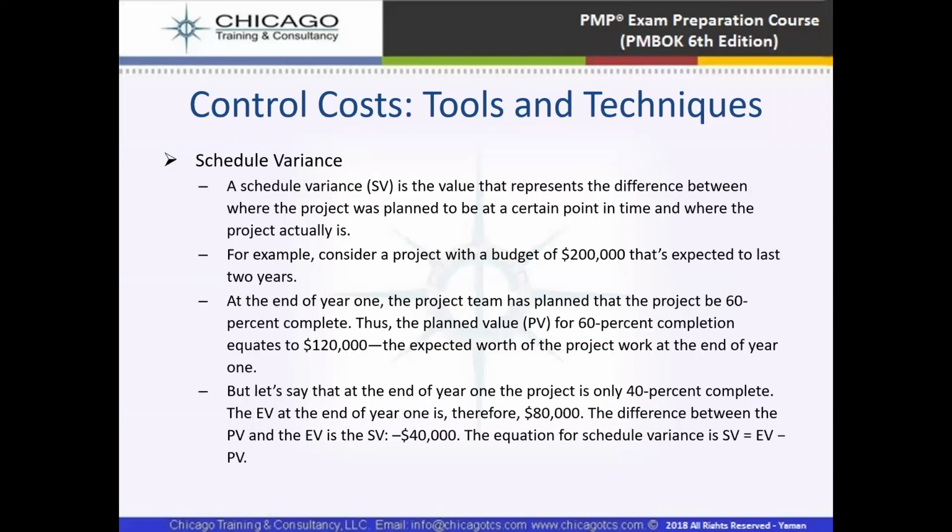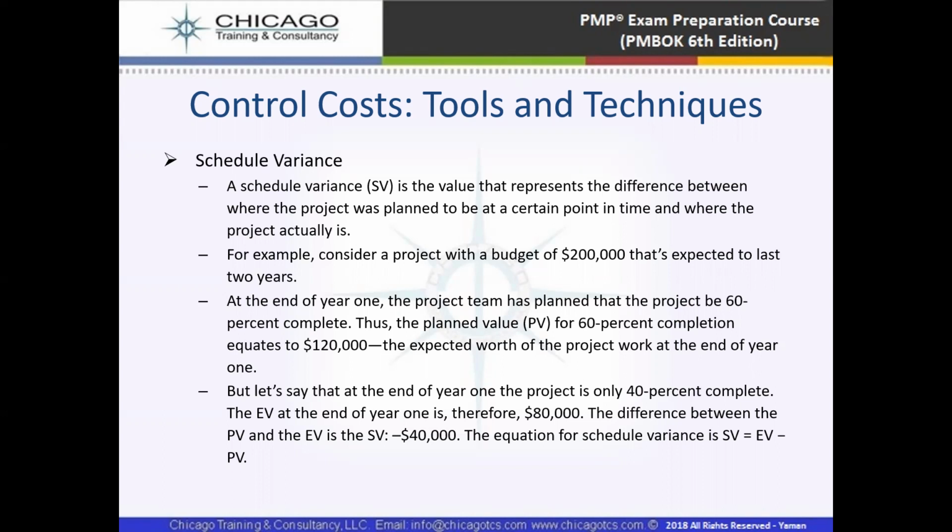And then we have schedule variance, which is going to show us the time related technique. It is the value that represents the difference between where the project was planned to be at a certain point in time and where the project actually is. For example, consider a project with a budget of $200,000 that is expected to last 2 years.